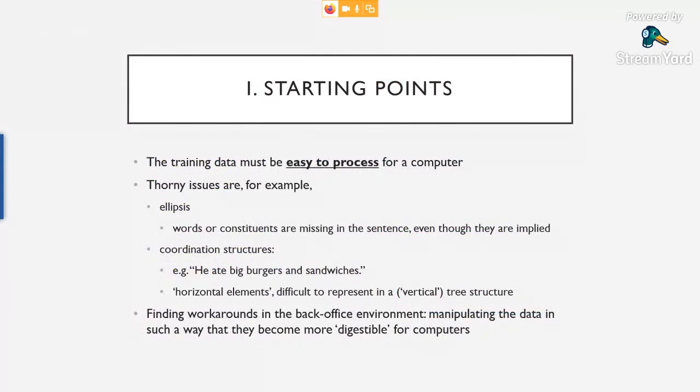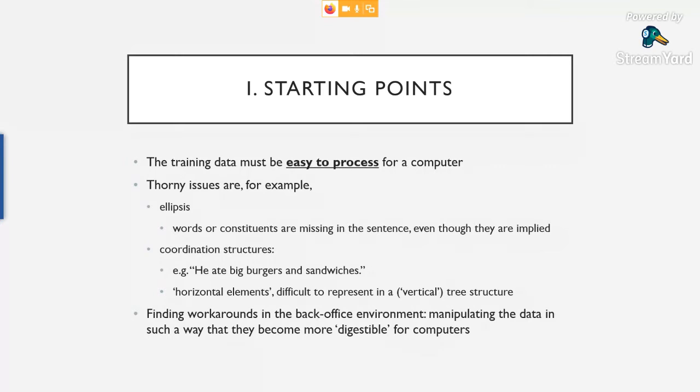And a last important starting point is the fact that the training data should be easy to process for a computer. We all know that Greek is very difficult with respect to, for instance, ellipsis.